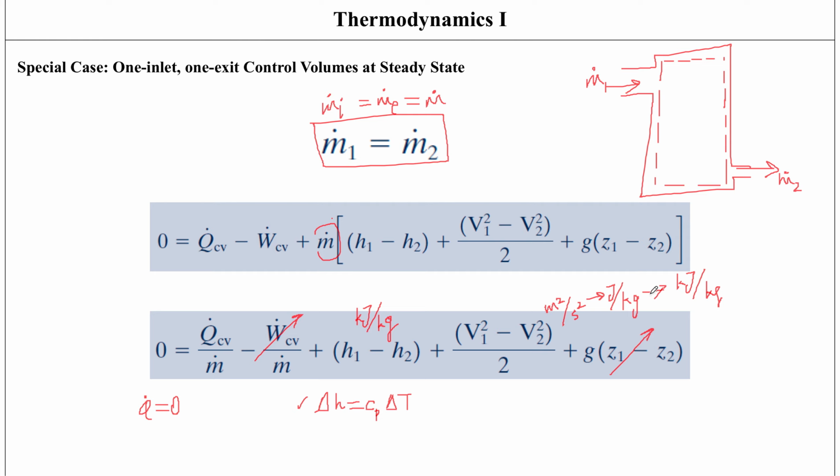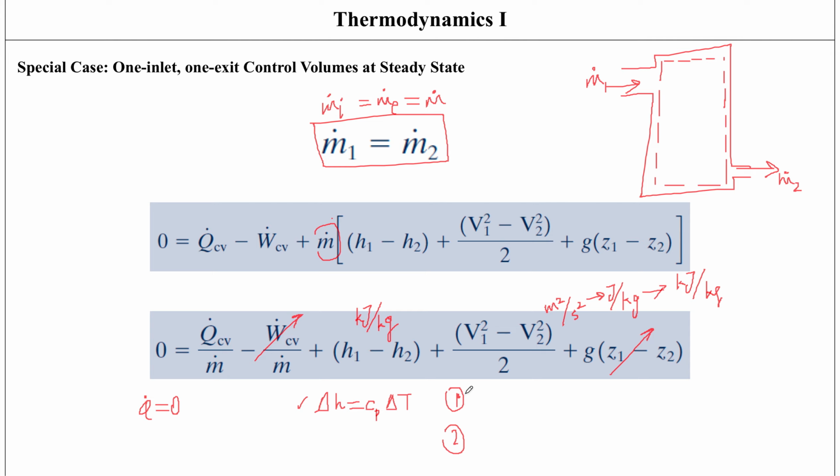Or in a second case, you can neglect this term when the velocity isn't changing. The fluid stream that is entering has the same velocity as the fluid stream that is outgoing here. So then V1 is equal to V2. That's a special case again. So there are two ways in which we can neglect this kinetic energy term.